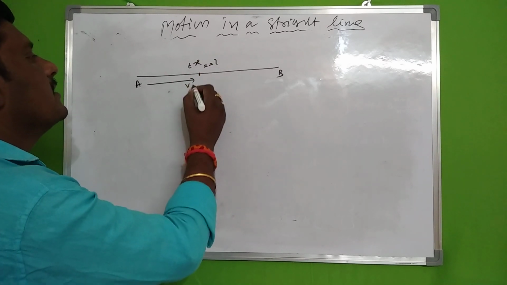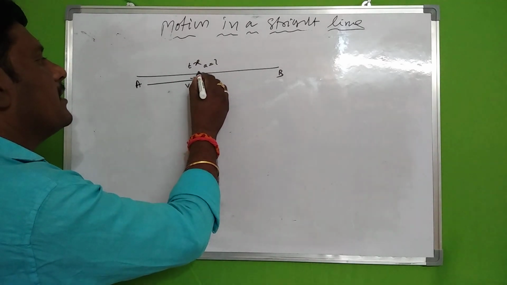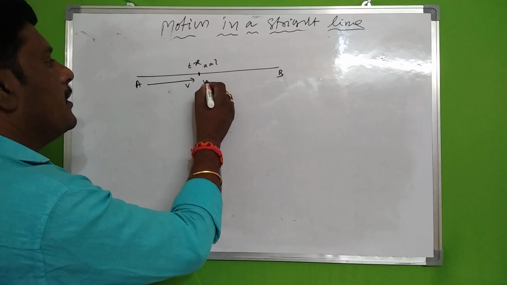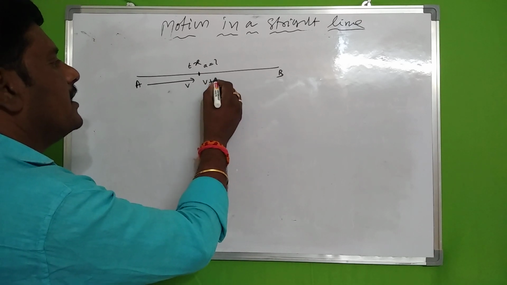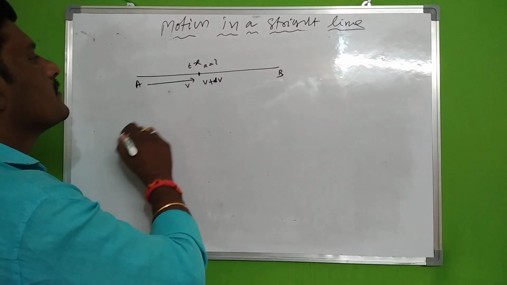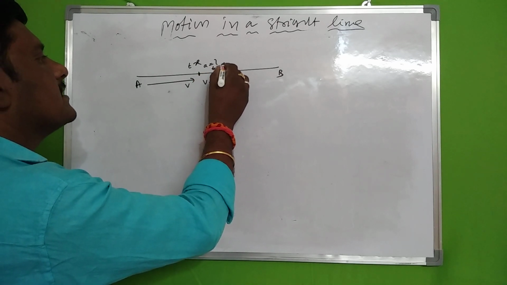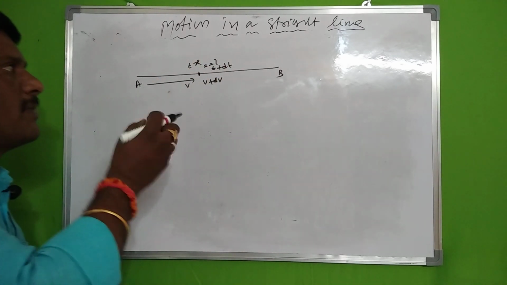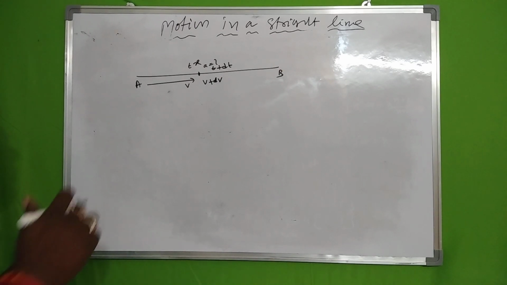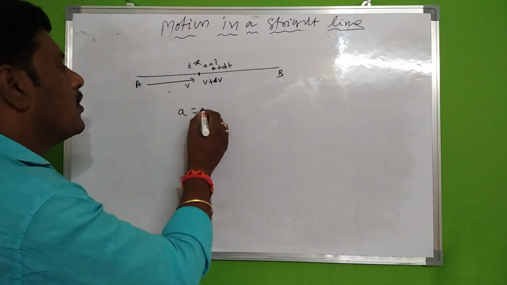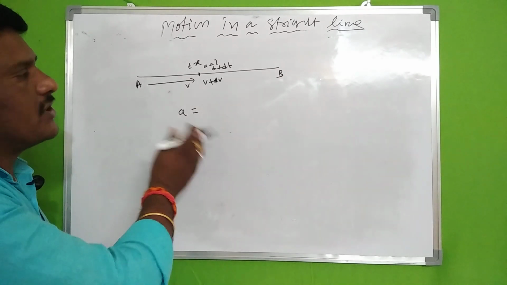Let us consider velocity nearly v plus dv, and time also we can write t plus dt, a small interval of time, microseconds. So we know that acceleration a equal to change in velocity by change in time.